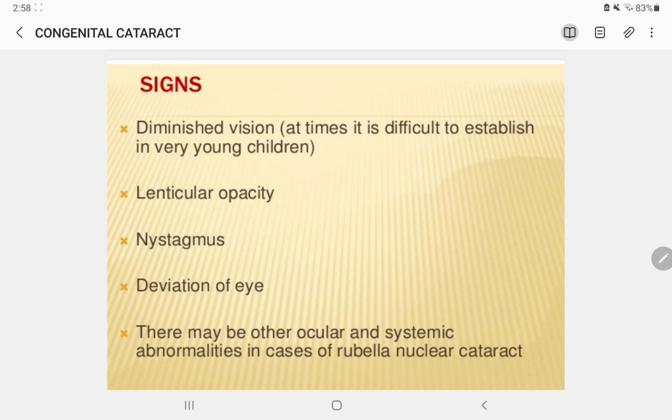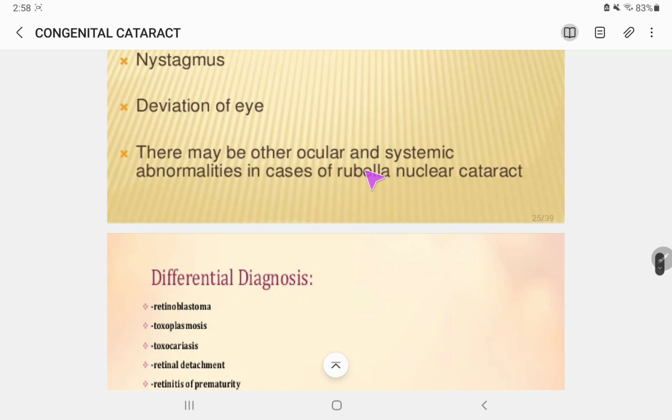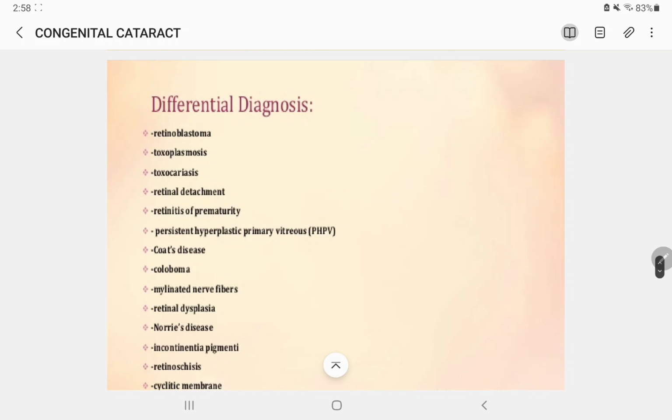There are very different techniques which we use for visual examination in children. I think I will make another video about it, but let's just focus on this. Signs include the diminished vision, lenticular opacity, and in some children nystagmus is also present, and there is deviation of the eye. There may be other ocular and systemic abnormalities in case of rubella nuclear cataract, and that varies accordingly.